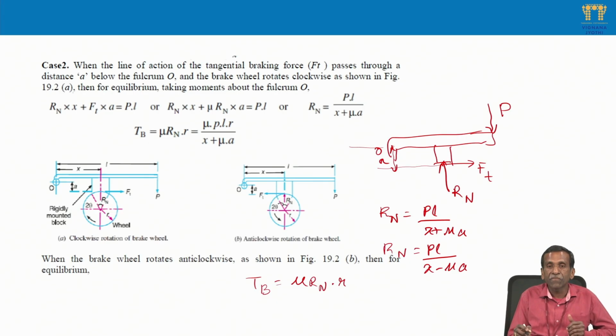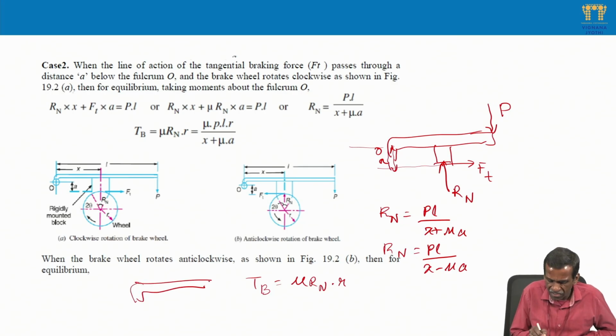That is in the first case, if the wheel is rotating clockwise. If it is rotating anti-clockwise, we need less torque. Let me draw here: this is the pivot, this is the FT.